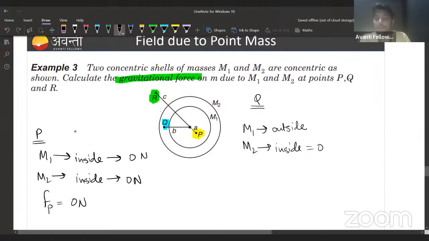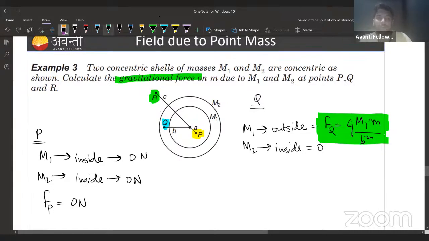But because of M1, since it is lying outside, we directly apply Newton's law of gravitation. F is equal to G m1, mass of first is M1, mass of second is given as small m, divided by distance from the center b, divided by b square. So our F at point Q, this is the answer. Hopefully this is clear, right?